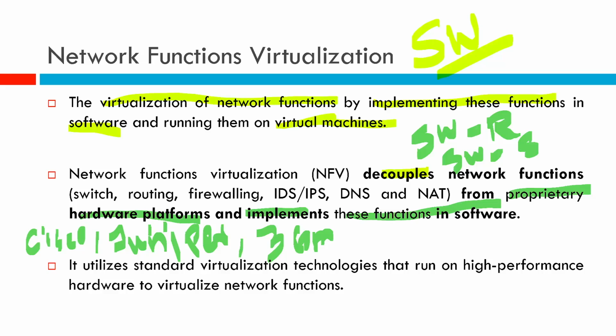We have to understand how operating systems are installed in VirtualBox or VMware. The same way we are going to install routers and switches in a software form. That's the main idea here. Also, these things run on high performance hardware to virtualize network functions.